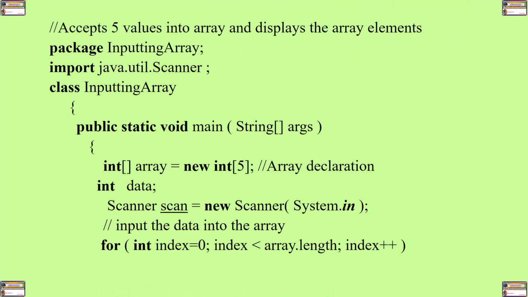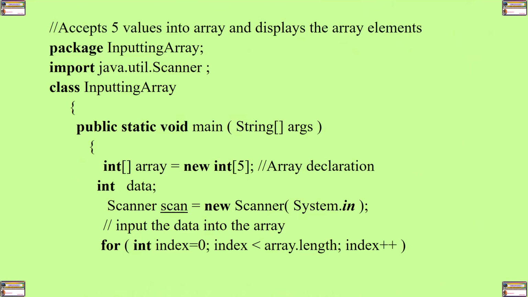For, you initialize the first index, the first position. In this case, I'm declaring a memory location called index, which will serve as my counter. And I'm initializing it with the first value 0, which is of type integer.